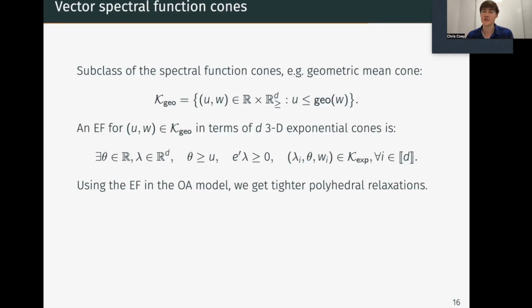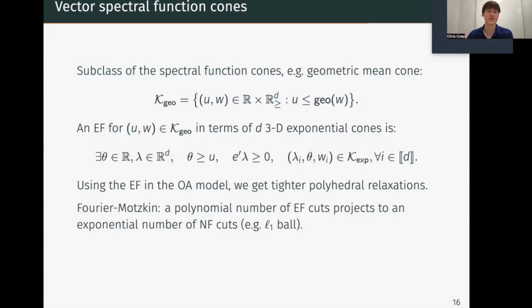If we use the extended formulation in the outer approximation model, we can get tighter polyhedral relaxations. To understand this intuitively, think of the Fourier-Motzkin algorithm, in which a polynomial number of cuts in the extended space can project down to an exponential number of cuts in the natural formulation space. You could think of the L1 ball LP extended formulation, for example.